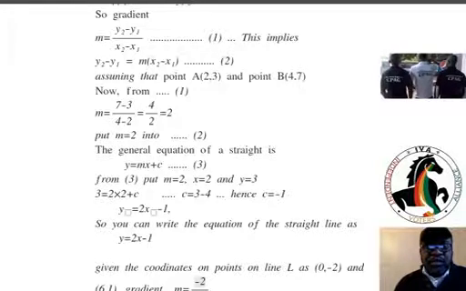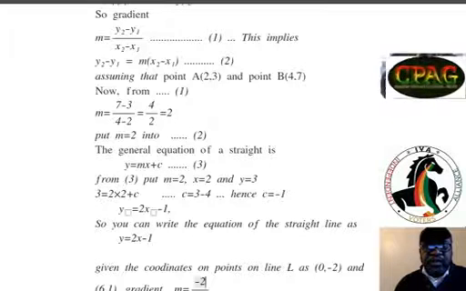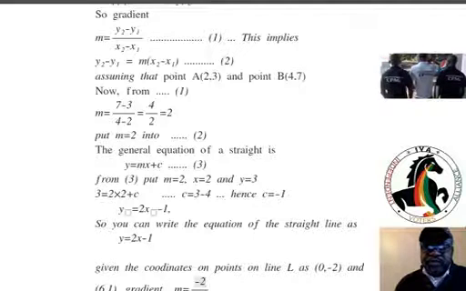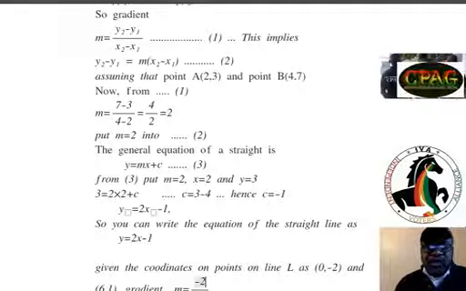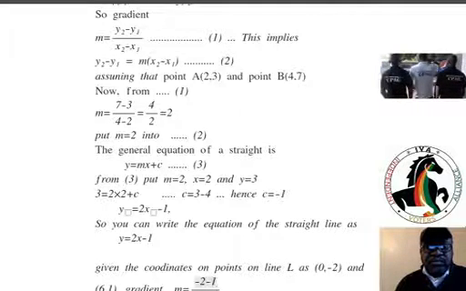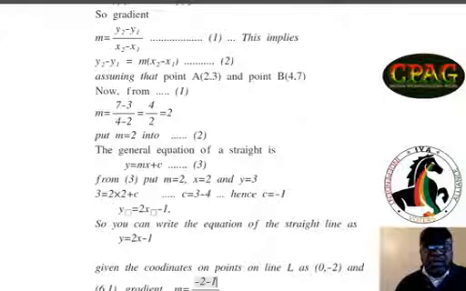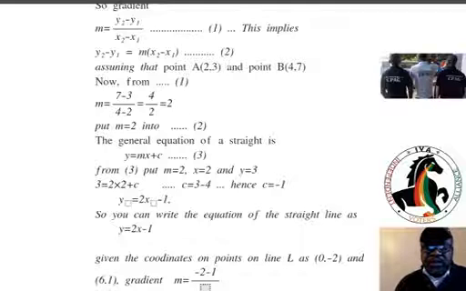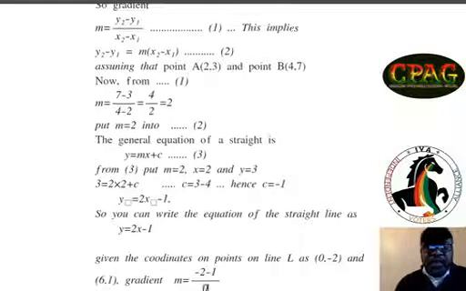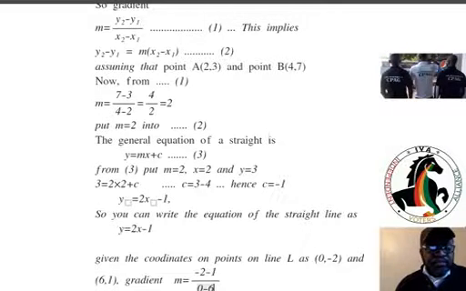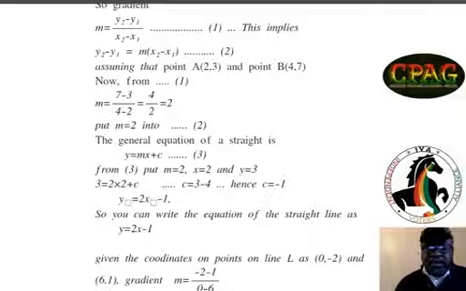Then the y coordinate for the second point is 1, so -2 minus 1, then the x coordinates is 0 minus 6, right?